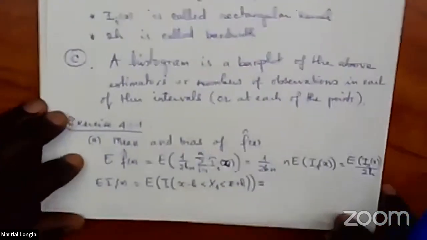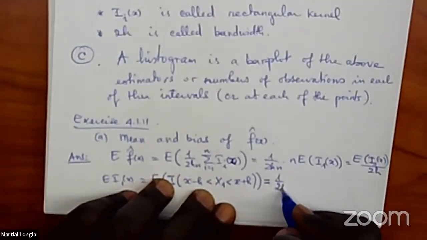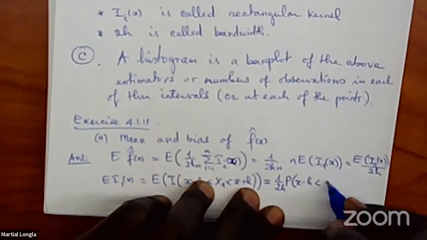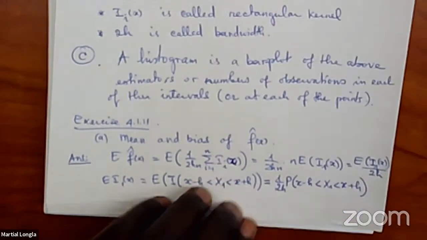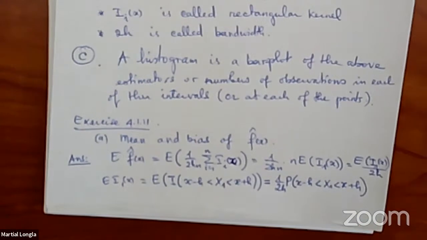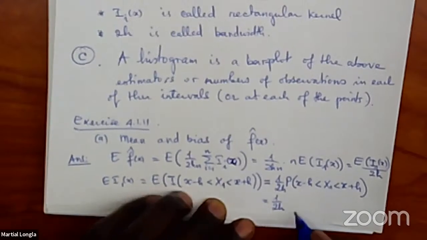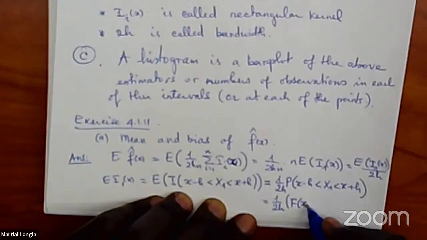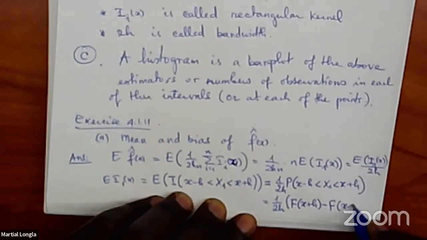So the answer is 1 over 2H times the probability that X minus H is less than X1 less than X plus H, which is nothing but 1 over 2H times F of X plus H minus F of X minus H.